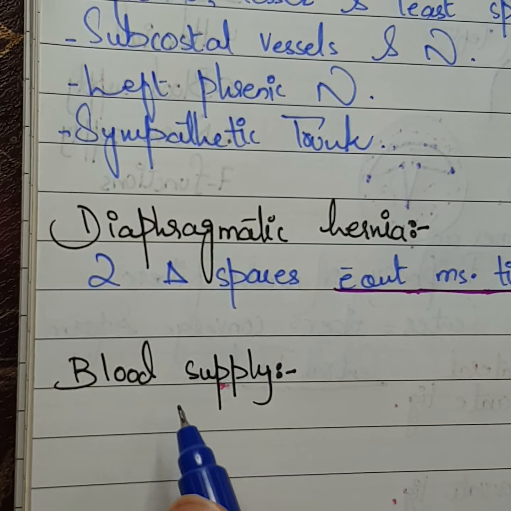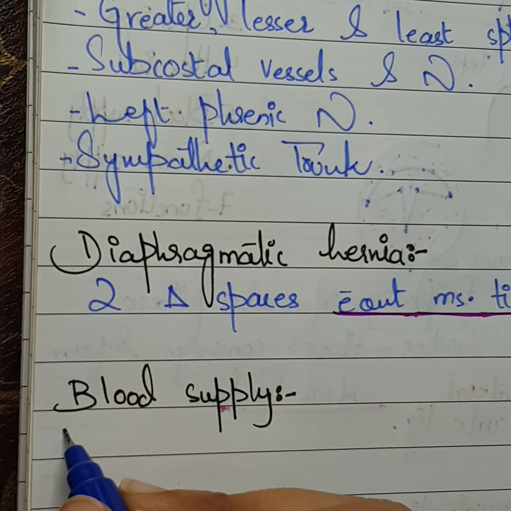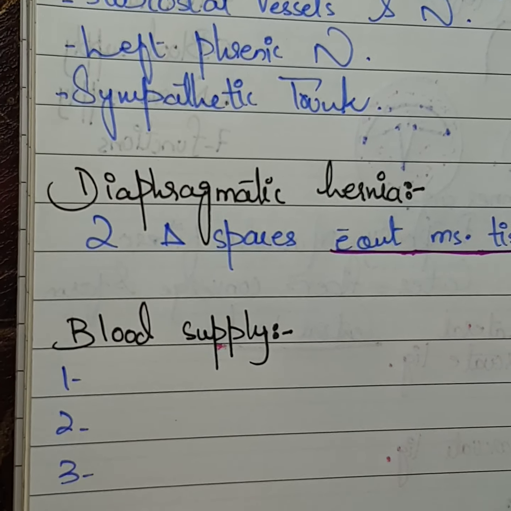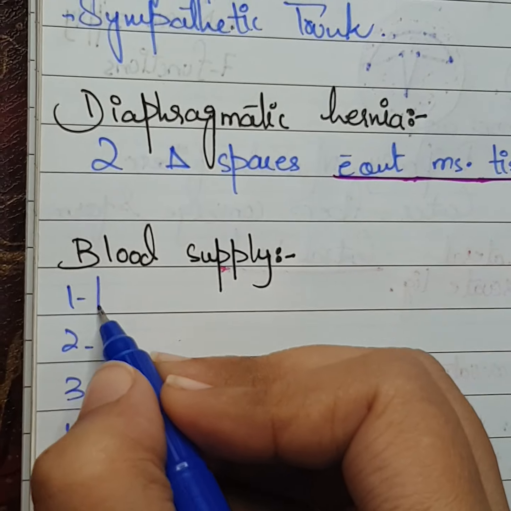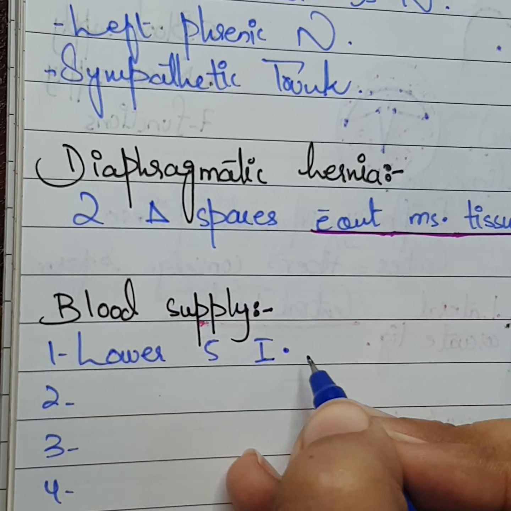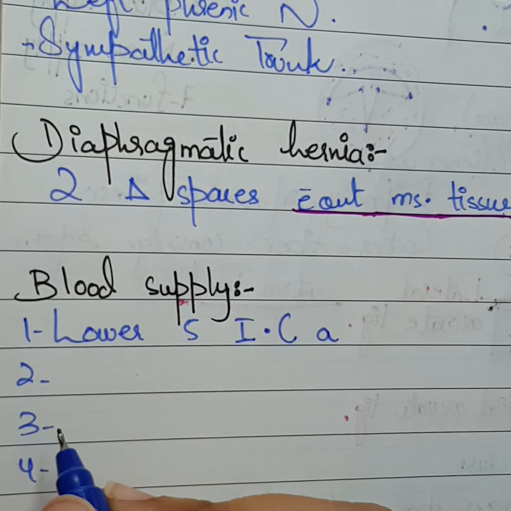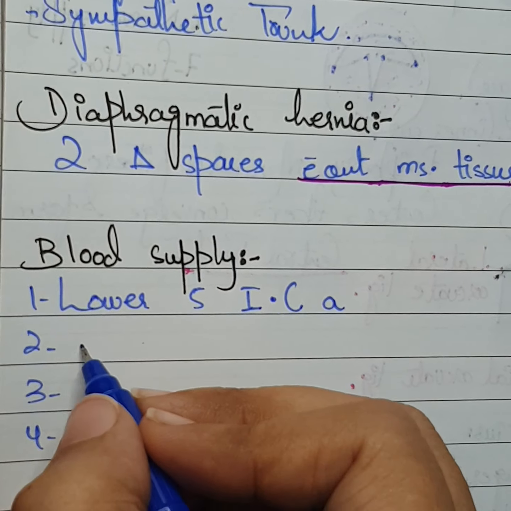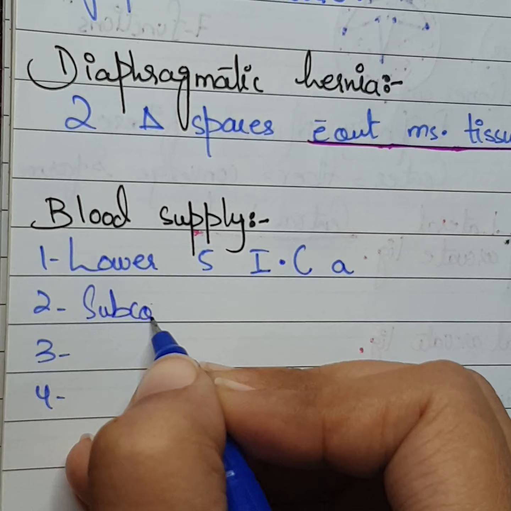Okay, so now we talk about the blood supply of the diaphragm. The diaphragm is supplied by 4 sets of blood vessels, and first we have the lower 5 intercostal arteries. Then we have the subcostal artery.